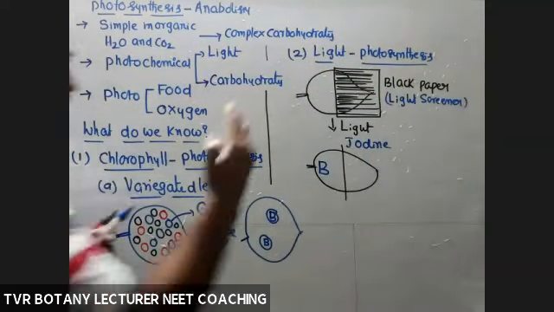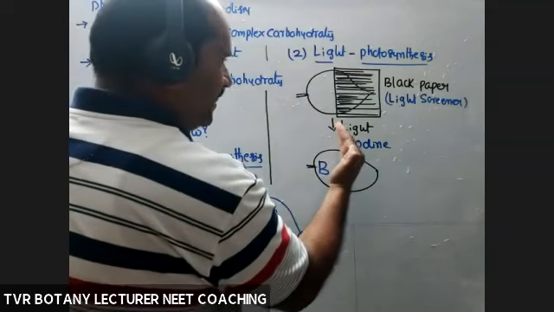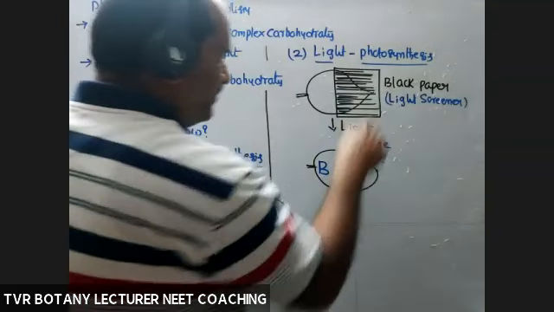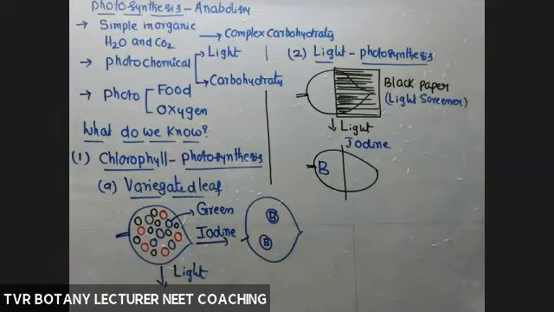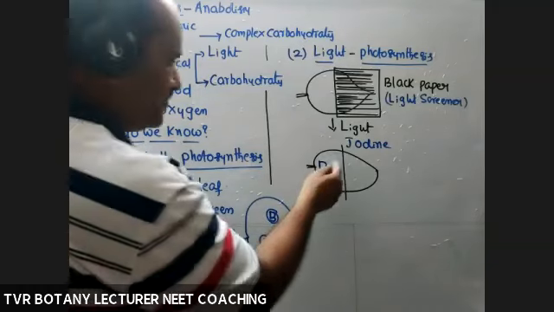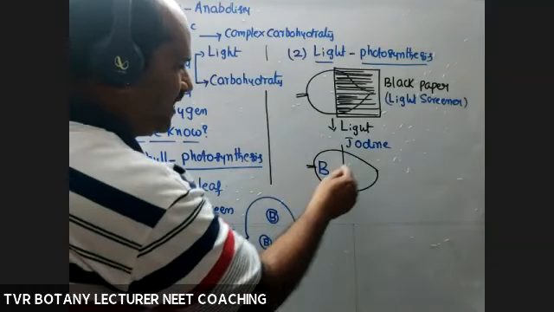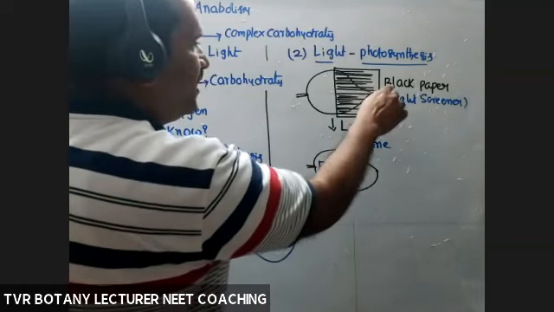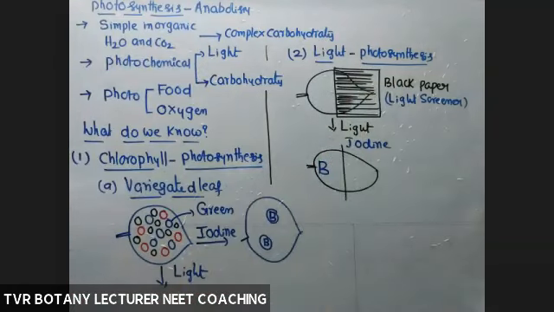Now half of the green colored part is covered by black paper to prevent entry of light, and then tested with iodine. The blue color region is present at the base of the leaf, not in the area covered by black paper.